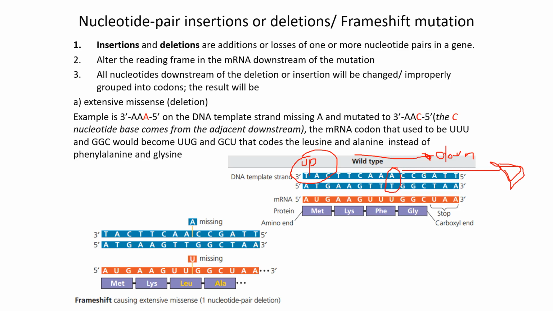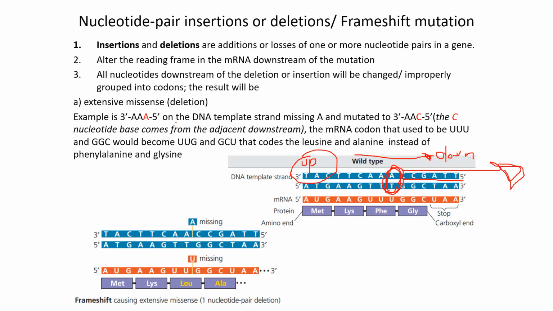The sequence of the nucleotides here is already changed because you have an addition or loss of a nucleotide base pair. And class, nucleotide pair insertions or deletions of frameshift mutation can involve one nucleotide base pair or more, two base pairs, three, and so on.